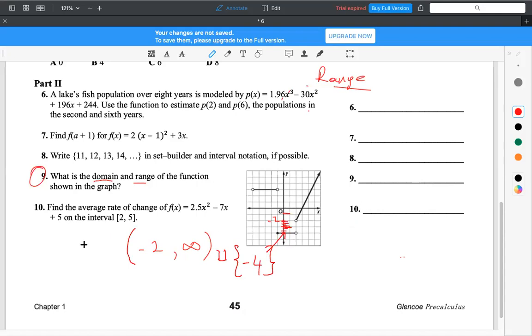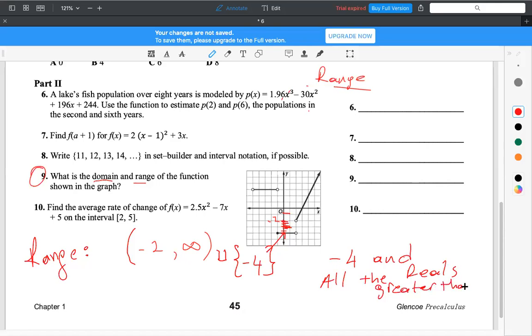So range values are -4 and all the reals greater than, tell me, -2. How can I express this?